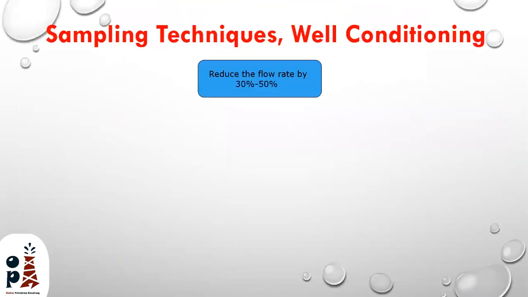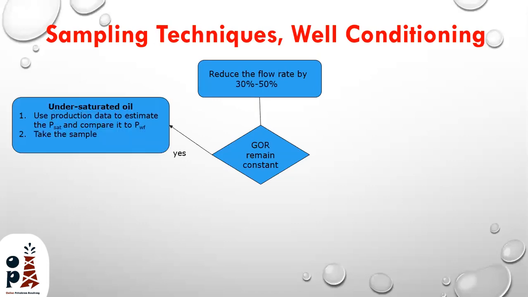But before this sampling occurs, we should condition our well to have a representative fluid sample. The first step is to reduce the production flow rate by 30% or 50% of its production rate. If the GOR remains constant, we can take the sample.